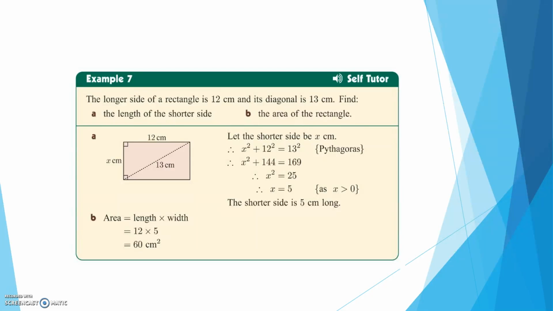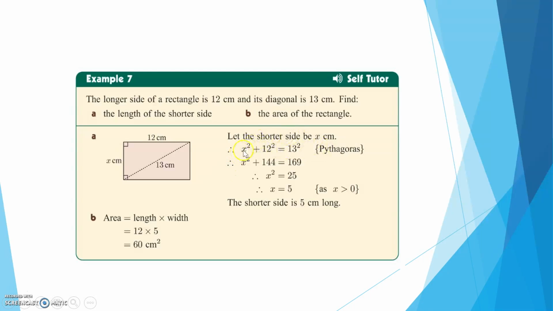So let's have a look at this first example. The longer side of a rectangle is 12 centimetres and its diagonal is 13 centimetres. Find first of all the length of the shorter side, and secondly the area of the rectangle. So if you draw your picture and then draw in the diagonal, you can see you've got a beautiful right angled triangle here, and it'll be easy using Pythag to actually find the length of that side.